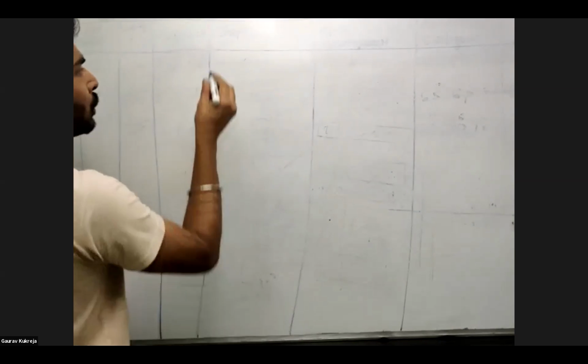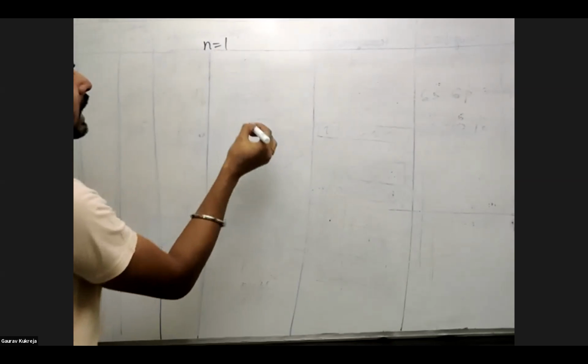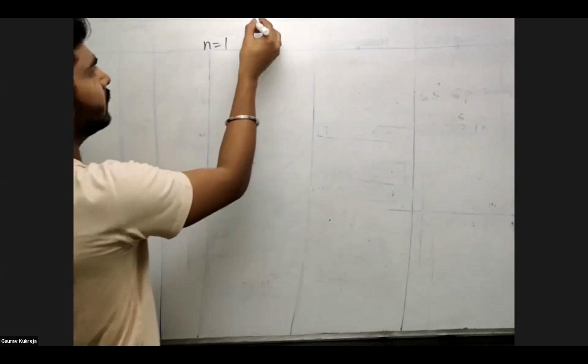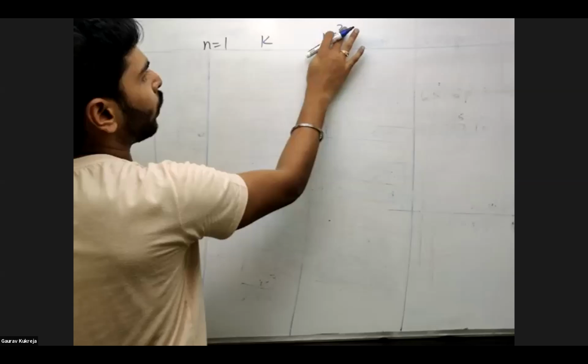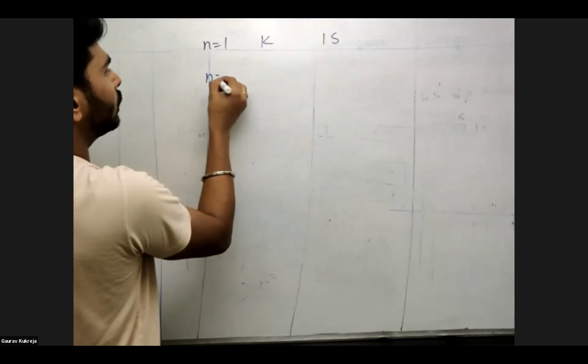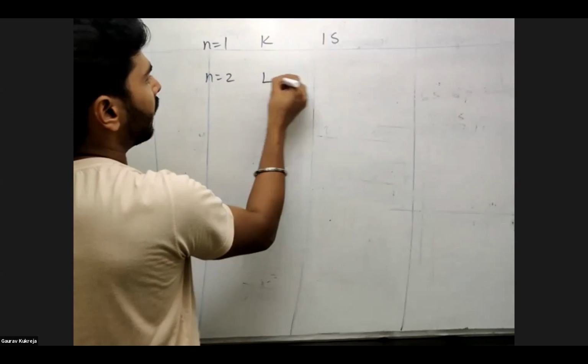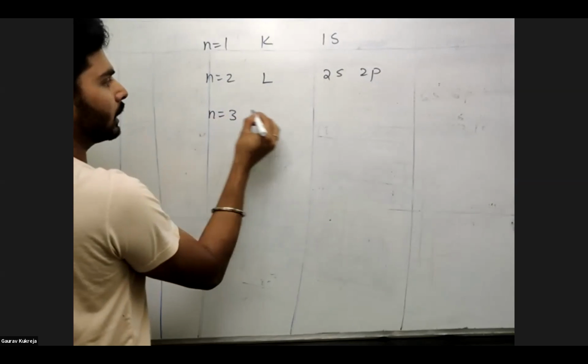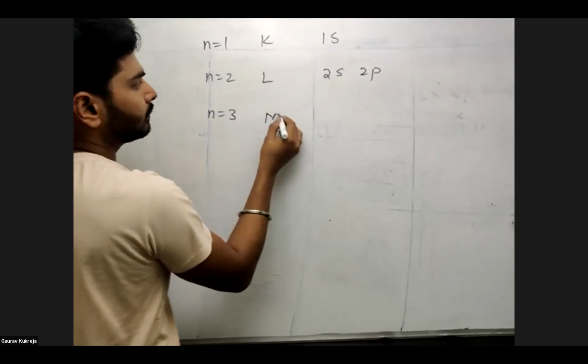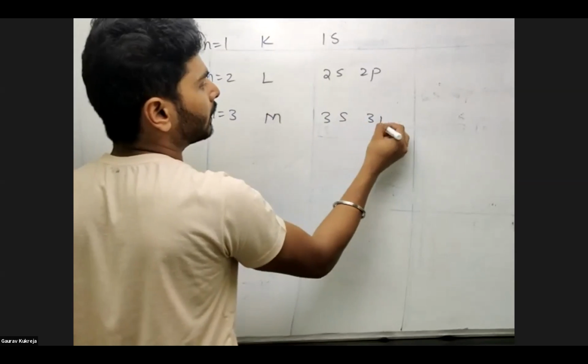So in short, what you have to understand, let us say the shell number I'm writing here is K. Now you have to understand it as 1s. n equal to 2, L, now you have to understand as 2s and 2p. n equal to 3, M, 3s, 3p, 3d.